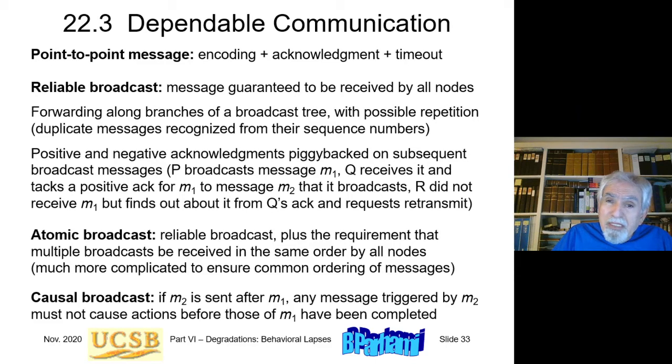So they are not received by the destinations at the same time. In fact, some of them may temporarily be lost because they're on a site that suffers temporary malfunction. Okay, so eventually the messages must be delivered to all the sites so that when I broadcast something, I can be sure that eventually all the sites will receive that message.